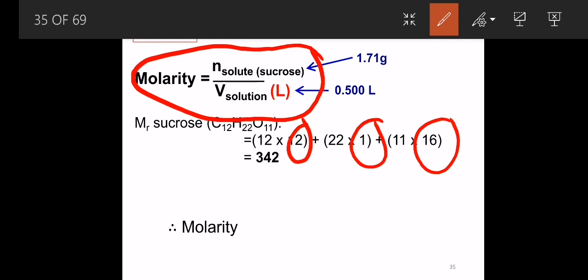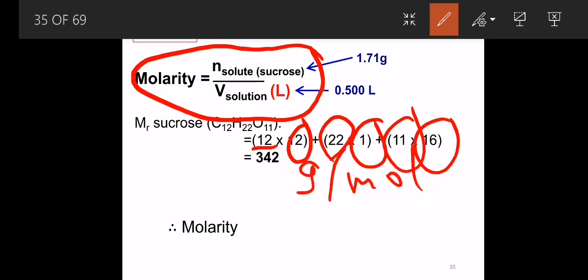Carbon 12 times 12, for the hydrogen there are 22, and oxygen there are 11. So you will manage to get 342 gram per mole. That is the unit for the Mr.